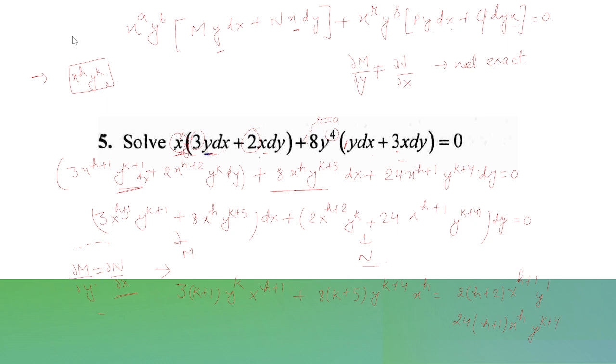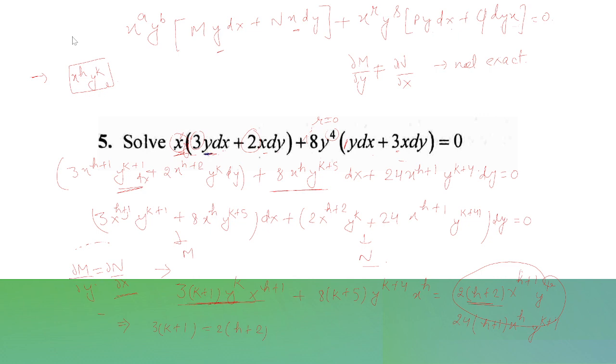When we equate the coefficients of the same power, what do we get? We get 3 into k plus 1 equal to 2 times h plus 2. These are the same powers, y raised to power k and x raised to power h plus 1.